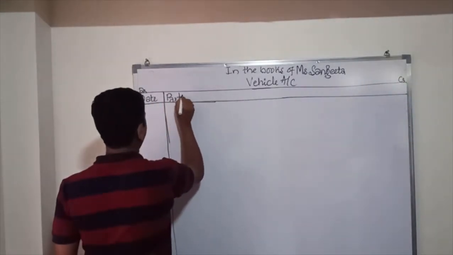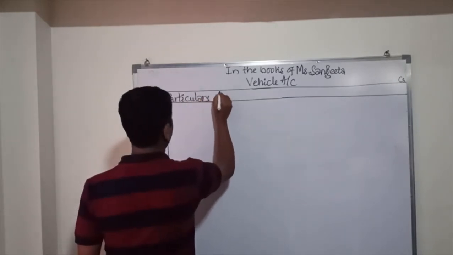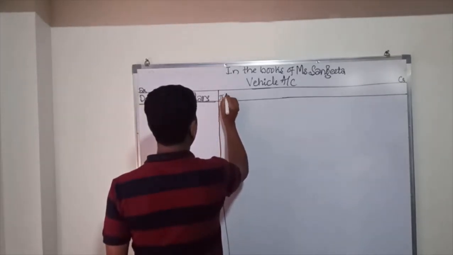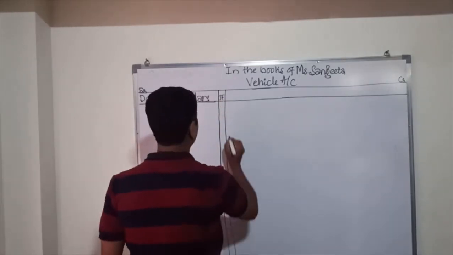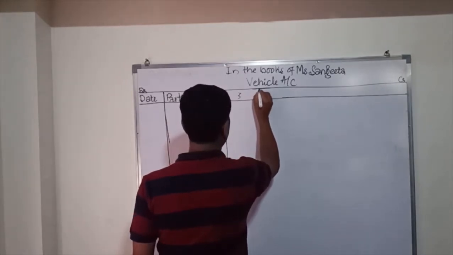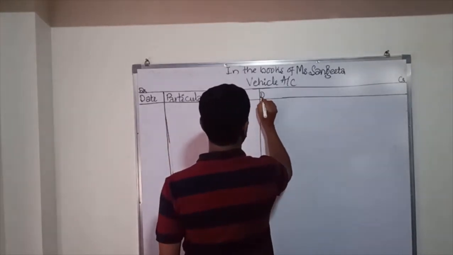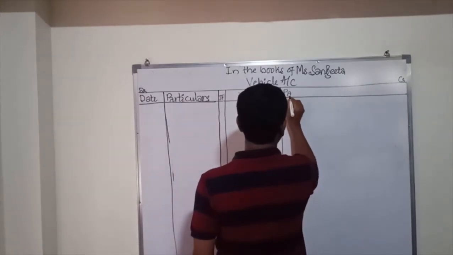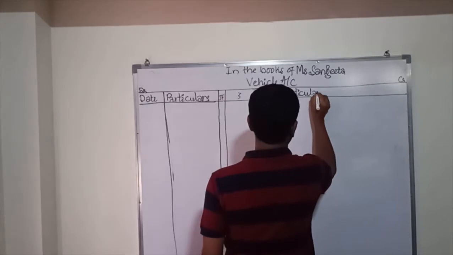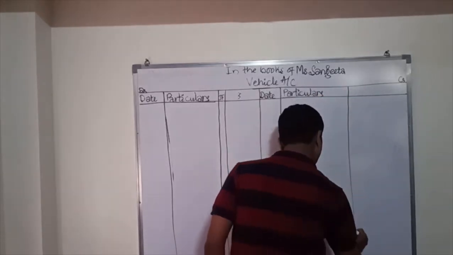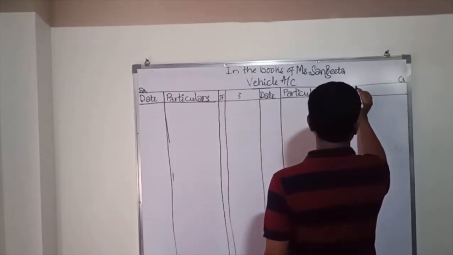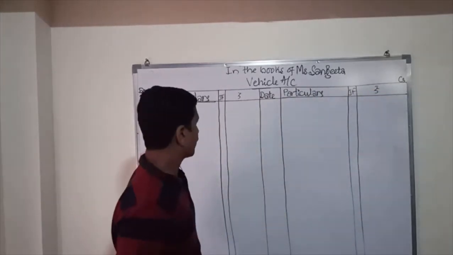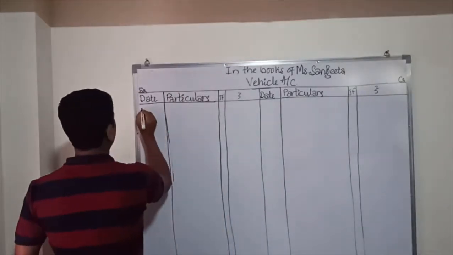So particulars, and this is journal folio, then this is amount column, then this is date column, then this is particulars column, then this is JF column, amount column, right? So the agreement is signed on 1/1/13.